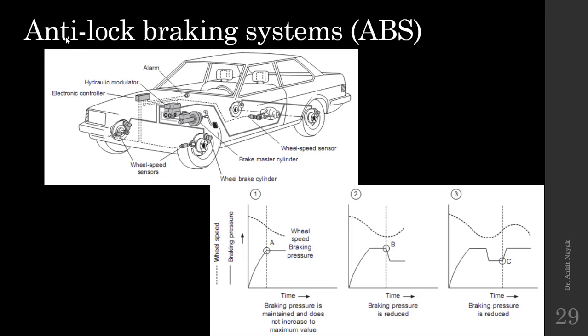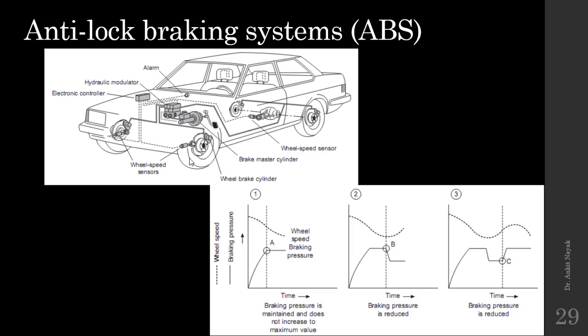First thing is the anti-lock braking system, or ABS. As I have already told you, ABS has some sensors which sense the torque and the RPM of the wheel, and according to that RPM and torque, it applies the brake in the form of pulses.